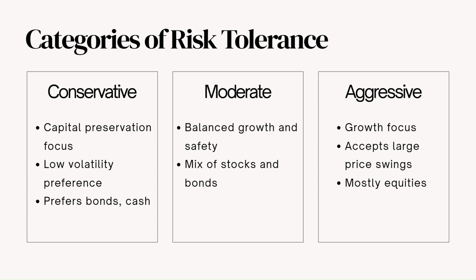So in their portfolio you would expect to see a good mix of stocks and government bonds. And the third type is the aggressive investor, where they focus purely on growing the portfolio, so they would accept large price swings, and in their portfolio, the majority would be equities, in other words shares, which are high volatility.